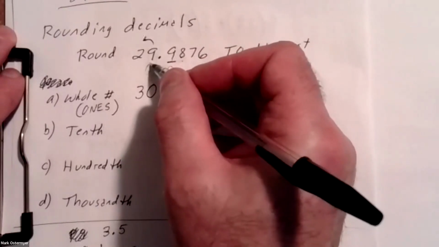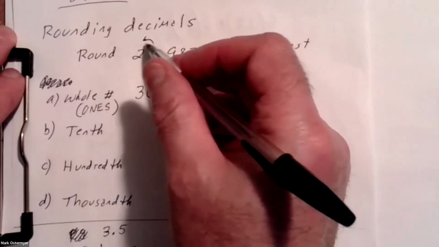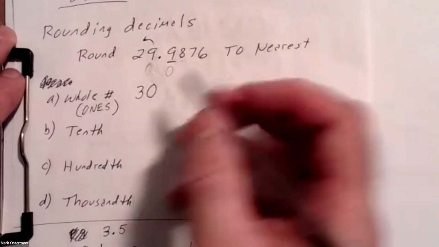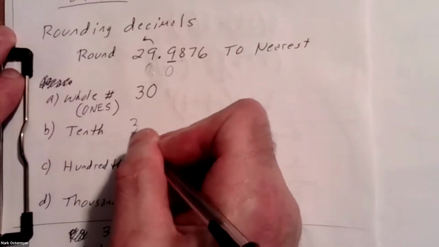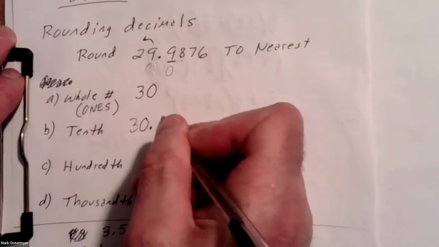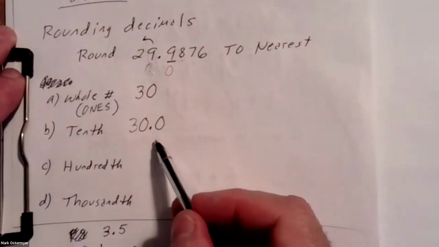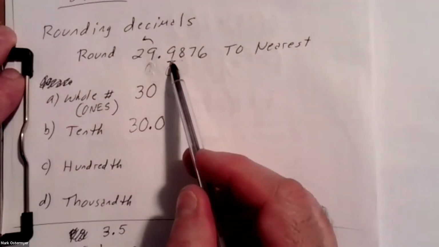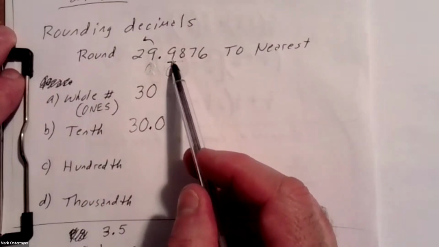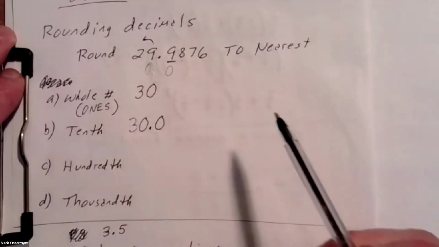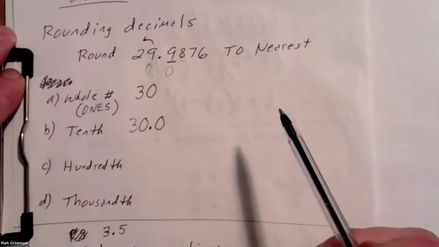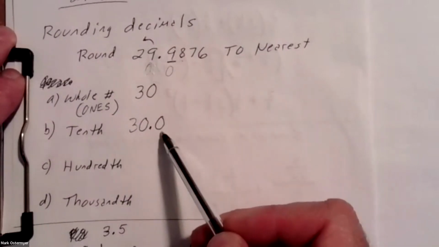And the 1 of the 10 moves further to the left and makes the 2 become a 3. So rounded off to the nearest tenths, ladies and gentlemen, this would be 30.0. Notice, after we round off to our given decimal place, we chop off all the digits to the right. That's rounded off to the nearest tenth.